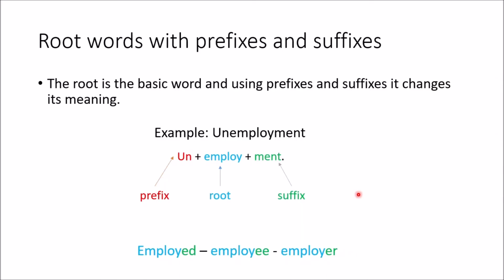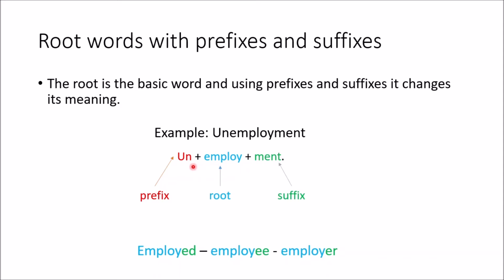Talking about root words with prefixes and suffixes, we have the explanation of how we form the word unemployment. Unemployment consists of a prefix, un, a root word, employ, and the suffix, ment. So the basic word is the word employ, which is the root.